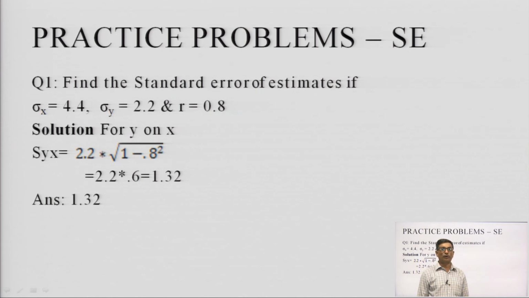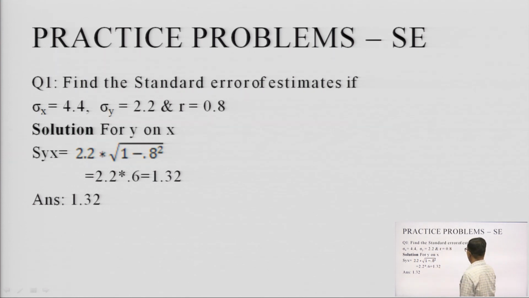There is an example for practice. Find the standard error of estimate if sigma x equals 4.4, sigma y equals 2.2 and r equals 0.8. The standard error for y on x is s y x, which equals 2.2 into square root of 1 minus 0.8 square.